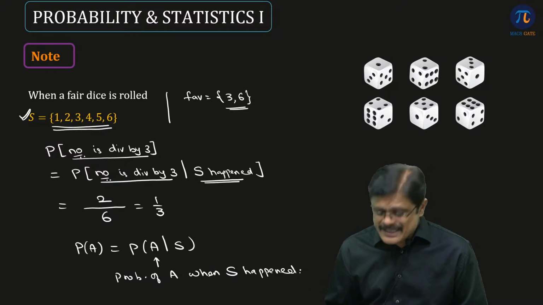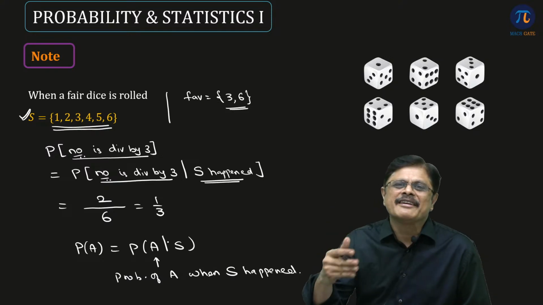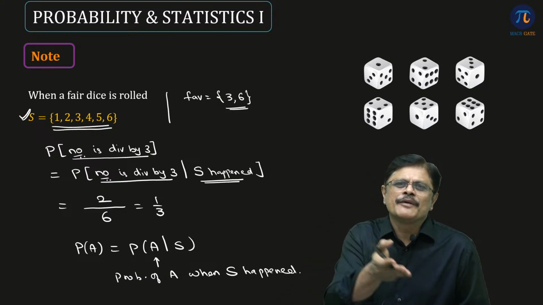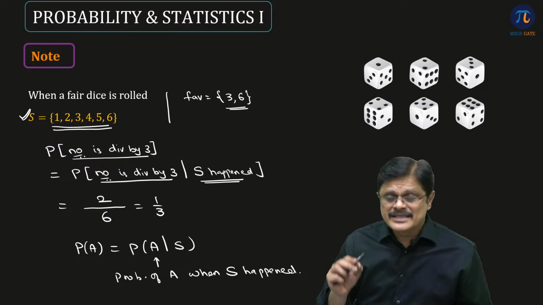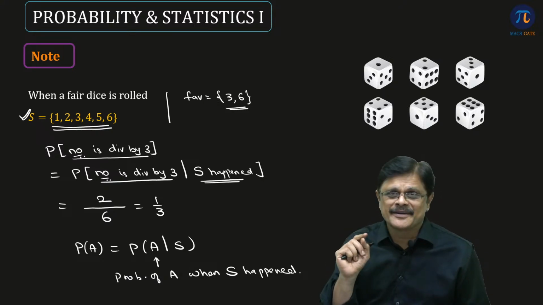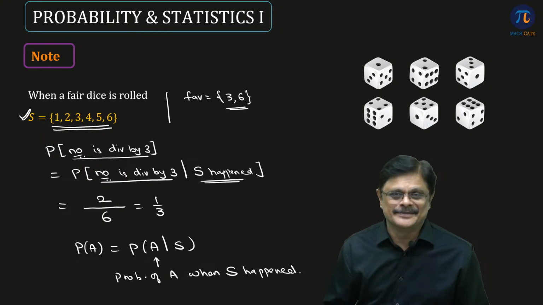But you need not mention that because that is by default. That's why we don't write given sample space happened, because obviously when the die is rolled, only then we are looking for the outcome. So that is default. Am I clear? I want you to understand this point clearly and properly, because conditional probability is based on this idea.